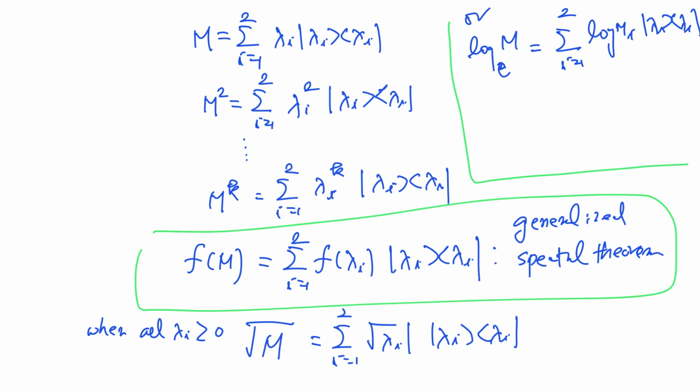So let's try to calculate the log of M. It's a bit of a weird concept, right? Calculating the square root of a matrix or some logarithmic function of a matrix. But actually you can do it for a particular square matrix when the eigenvalues are positive.